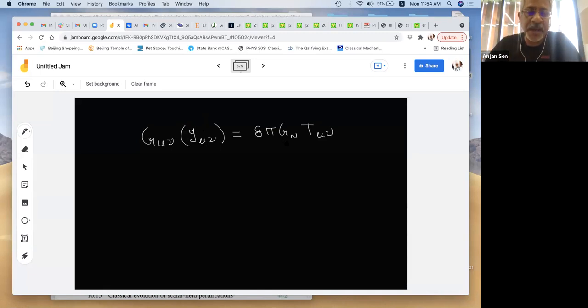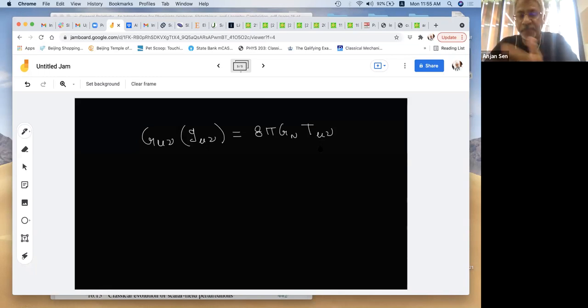But as you can see, this matter distribution that I have here, we already discussed, has stars, planets, galaxies, superclusters. So in general this T mu nu that we have is not homogeneous and isotropic.